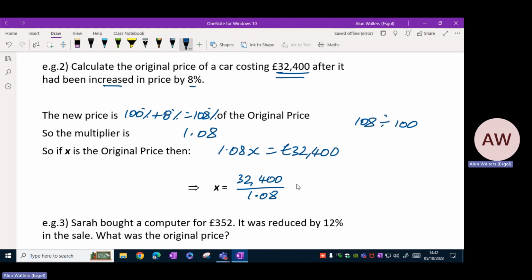Something you definitely need a calculator for. Now I tap that out on a calculator and I end up with a nice 30,000. What you should get when you do these calculator questions is, when you find the original value, it should come to a nice figure like 30,000 or £10,220 or 200. It shouldn't have a decimal value on it.